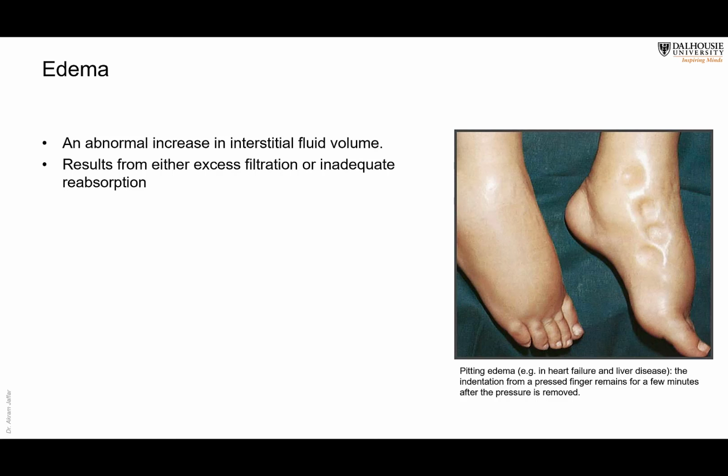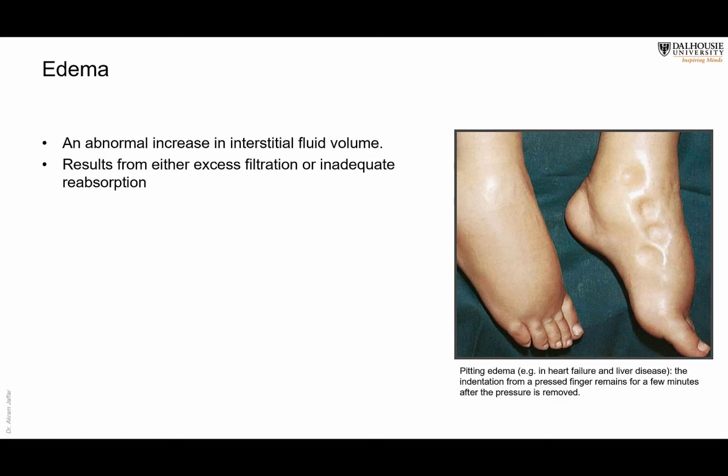The liver will not be able to form proteins, so the level of plasma proteins will be less, and this will reduce the osmotic pressure of the blood. So the extracellular fluid will not be able to return as efficiently to the venous part of the circulation. Or sometimes there is loss of proteins in, for example, kidney diseases.